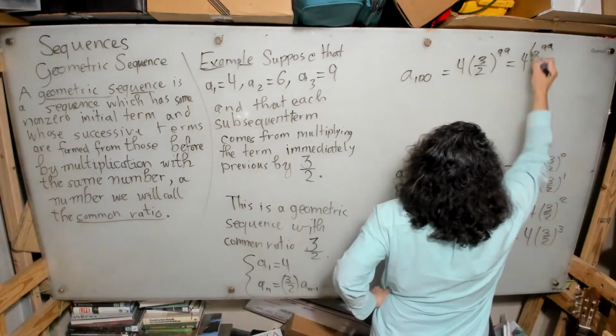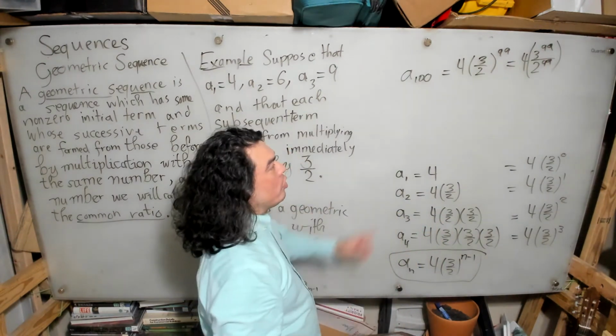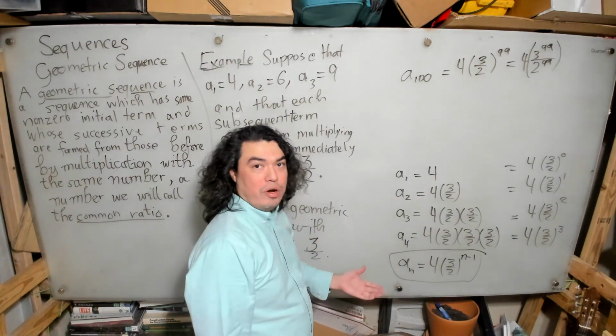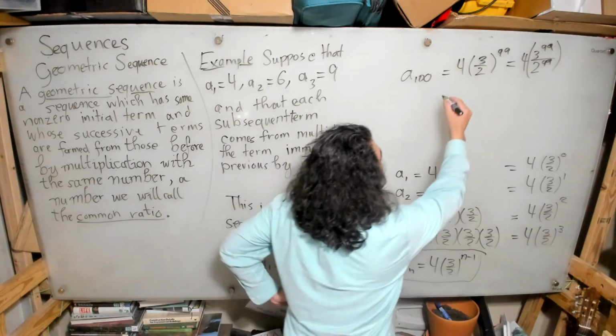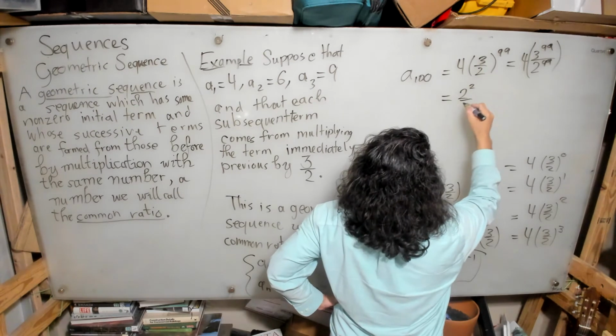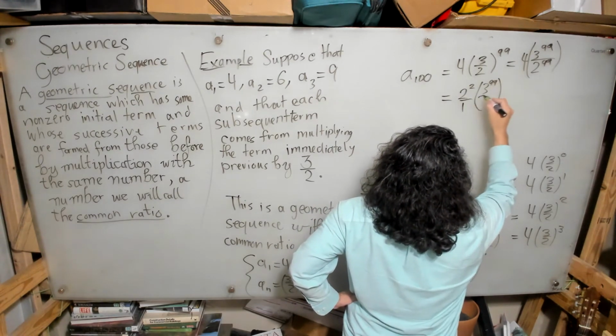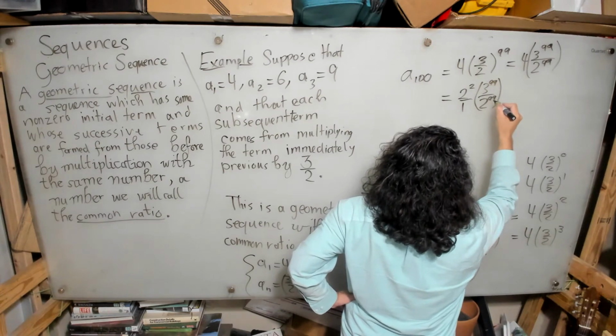So we could leave it like that, of course, or we could go further. We know that 4 is 2 squared, because 2 times 2 is 4. So I can write it as 2 squared over 1 times 3 to the 99th power divided by 2 to the 99th power.